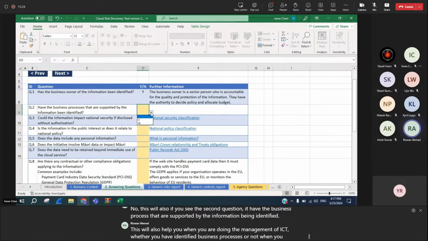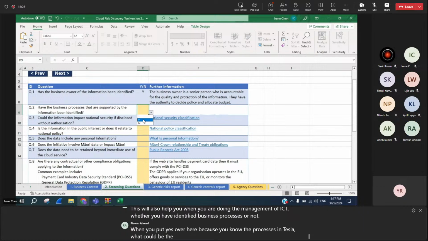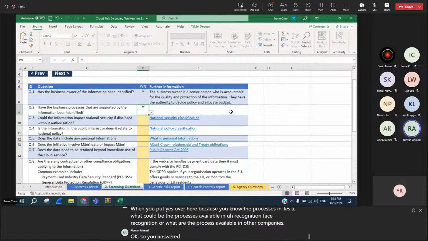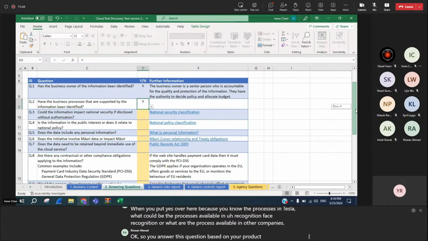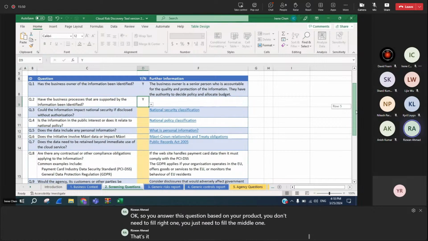When you put yes over here, because you know the processes in Tesla, what could be the processes available in face recognition, or in other companies. So you answer this question based on your product. You don't need to fill the right one. You just need to fill the middle one.